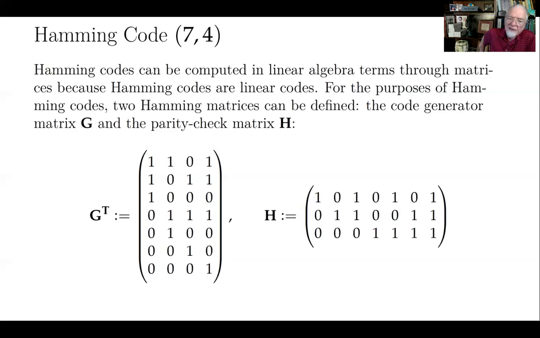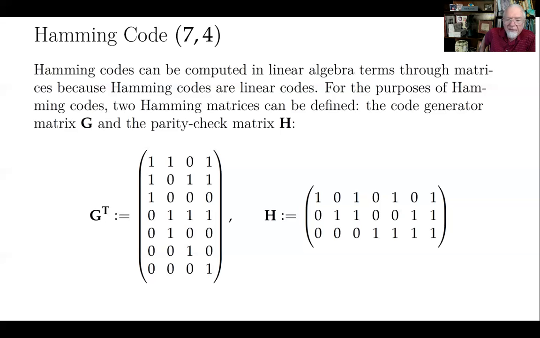So the Z1, Z2, and Z4 are given via the H matrix. So G takes one of your codes and, inner producted with this matrix, gives you the sending code.